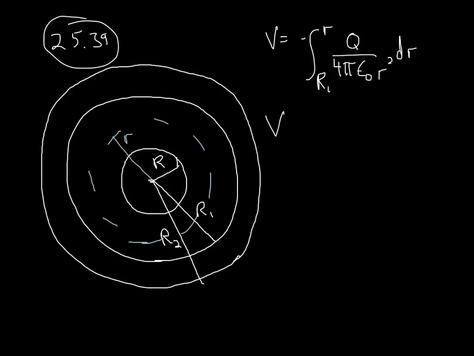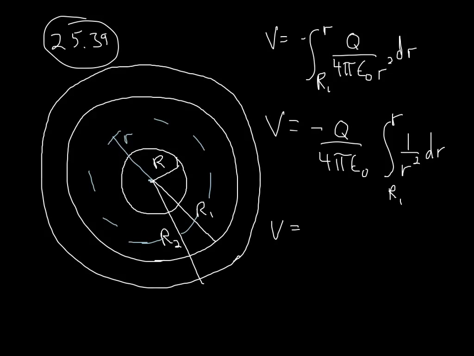So we solve this potential. To solve this potential, we take the constants out of our integral. So we have our negative q over 4 pi epsilon naught, which all comes out of our integral, and we integrate over 1 over r squared times dr, from my endpoints r1 to our final point r. So we do this integral, and the integral of 1 over r squared is equal to negative 1 divided by r.